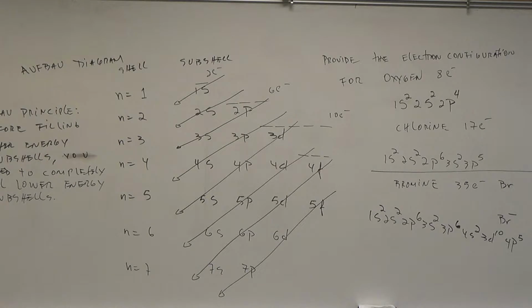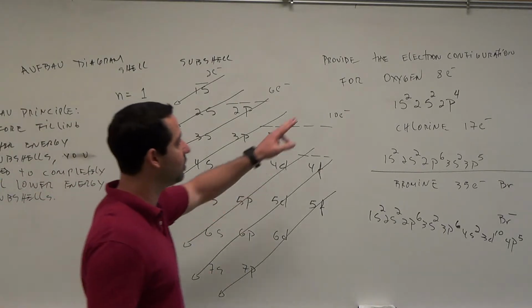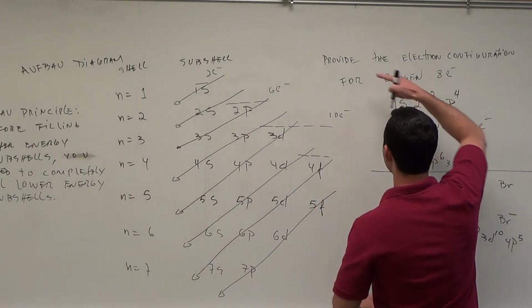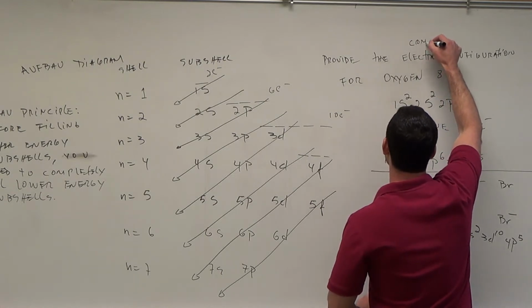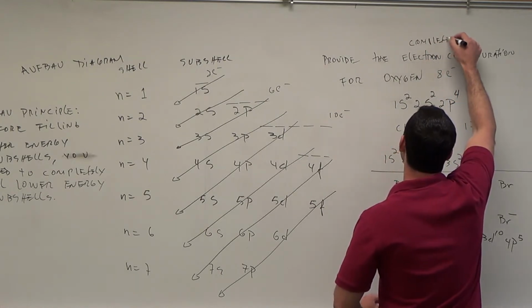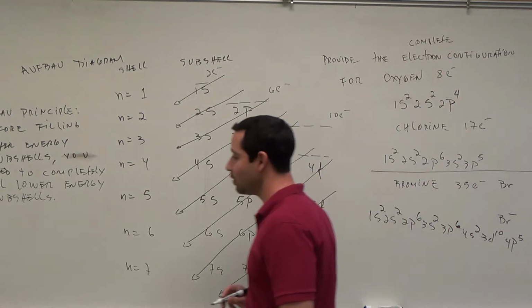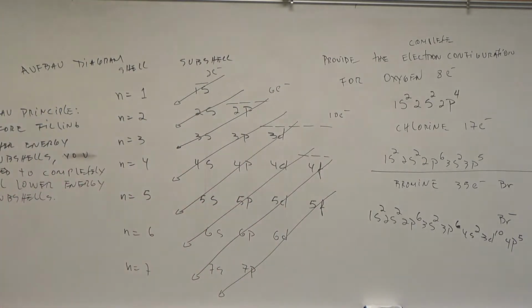Okay, all right, let's change how we refer to this thing. We are going to say, provide the complete electron configuration. The other one is called condensed electron configuration, and condensed is not complete. When I ask for the electron configuration, that is the complete electron configuration, I expect that from you.